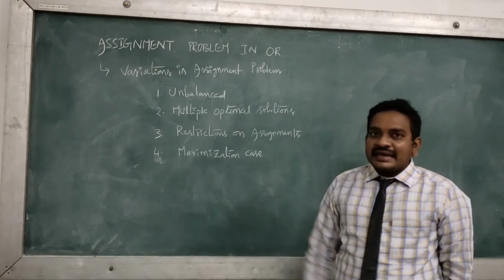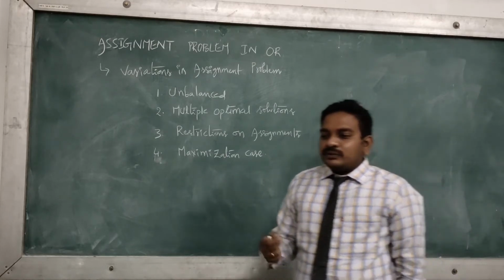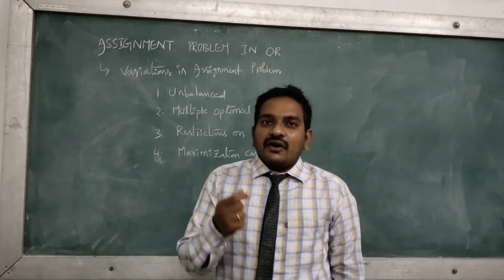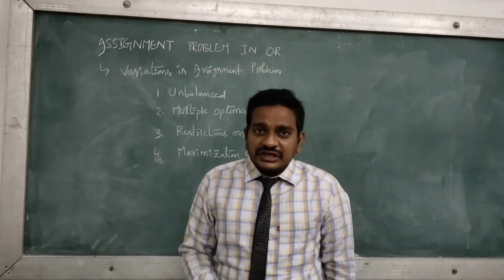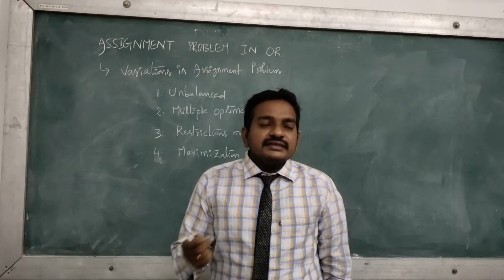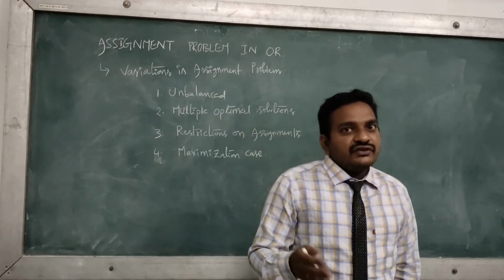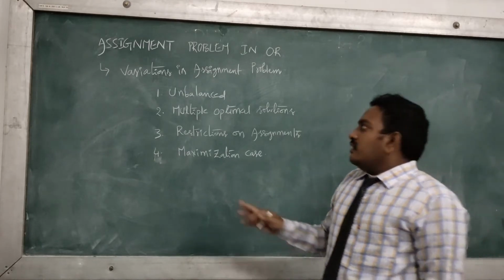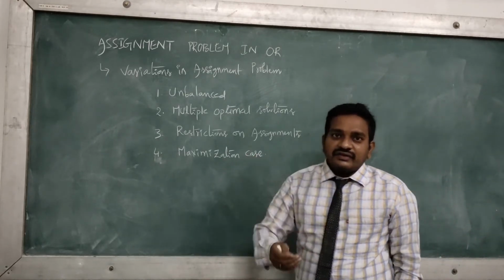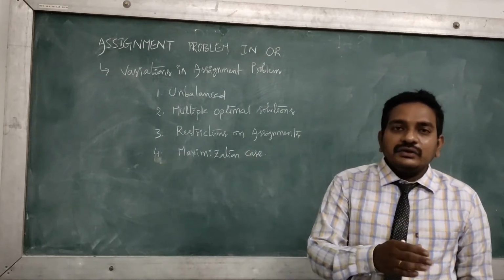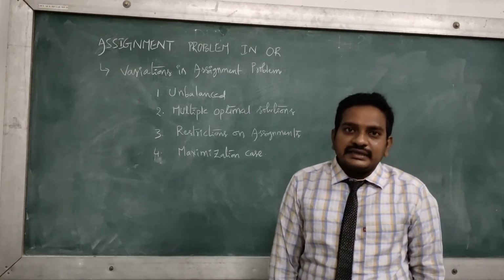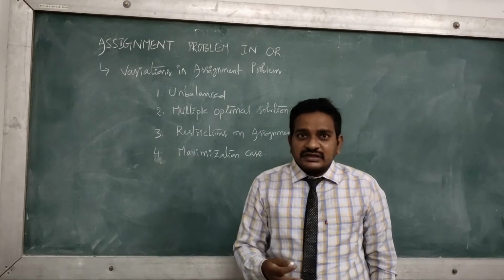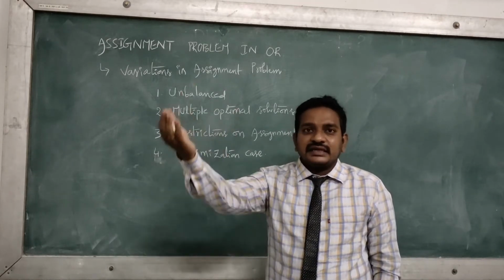The last one, the maximization case. Up to now we have seen examples which are cost minimization, whereas in some cases we have to work on cost maximization, where we have to convert the given table into a cost minimization form. We know that if a profit or revenue is given, we have to maximize the result.